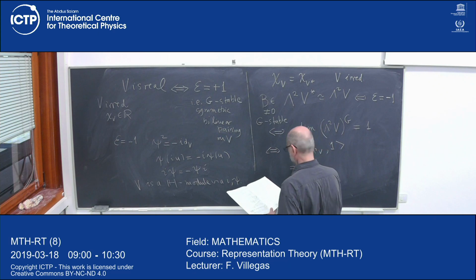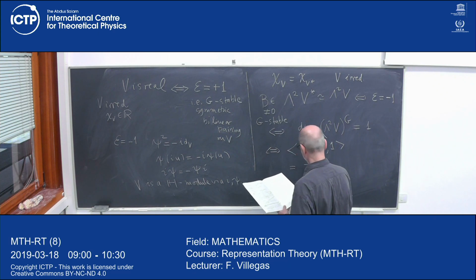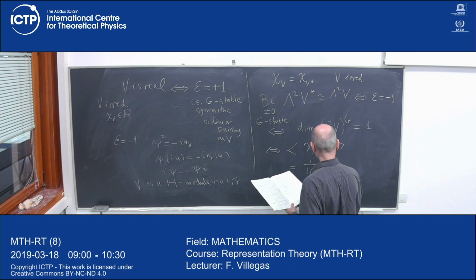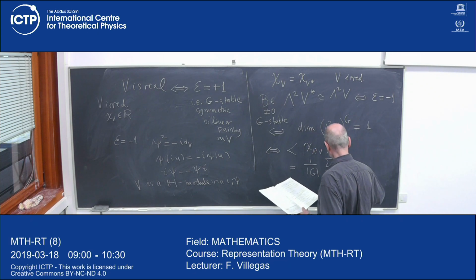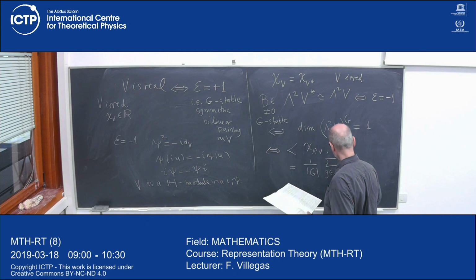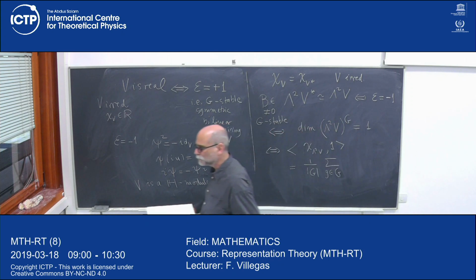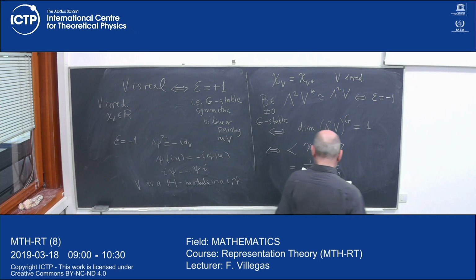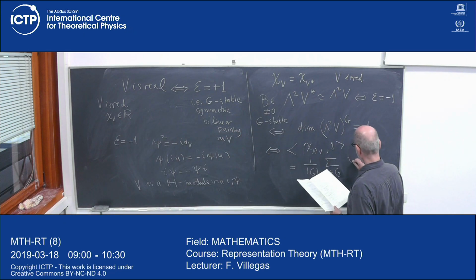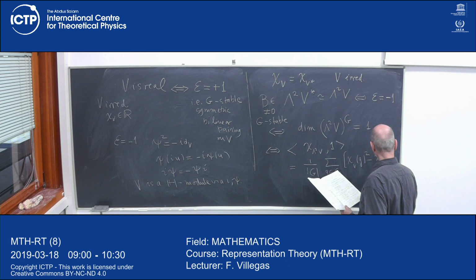We already computed the character of wedge 2, and this, in a sense, is the main reason why we worked on these wedges, wedge 2 in particular. If you recall, the formula was that you compute chi V of g squared, subtract chi of V of g, squared.